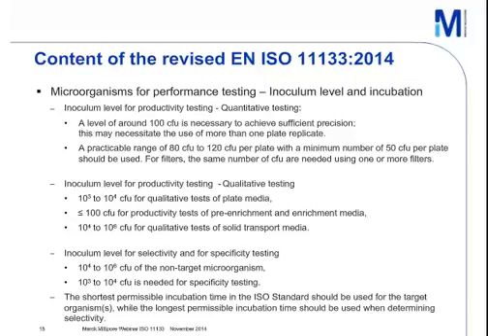For example, for productivity testing for quantitative testing, a level of around 100 CFU is necessary to achieve sufficient precision. This may necessitate the use of more than one plate replicate. The standard gives a practicable range of 80 to 120 CFU per plate with a minimum number of 50 CFU per plate.